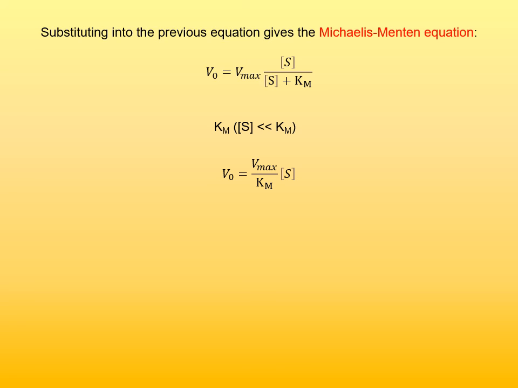Simply, we can ignore concentration of substrate in the factor substrate plus Km. So it's only Vmax over Km multiplied by concentration of substrate. That applies only if concentration of substrate is much lower than Km. So in this case, you can see that reaction is first order with respect to S.